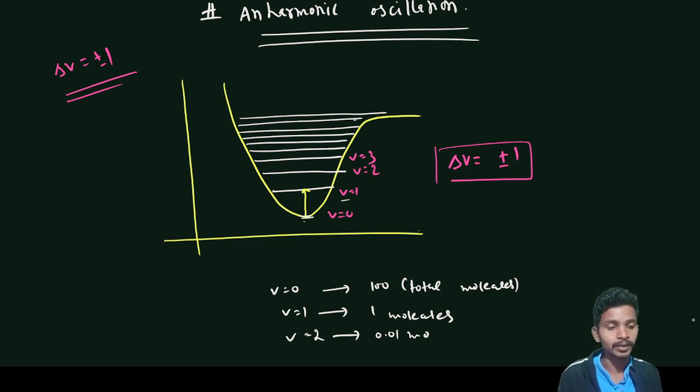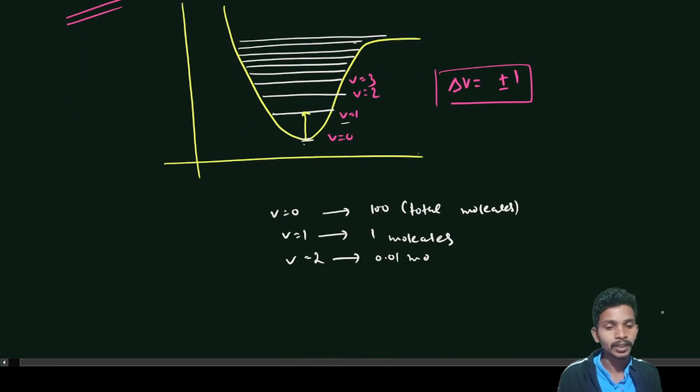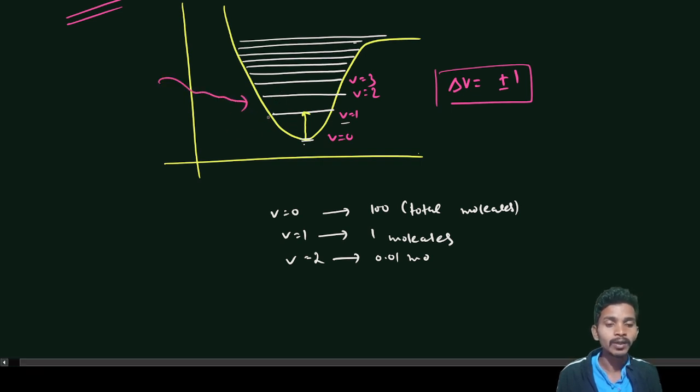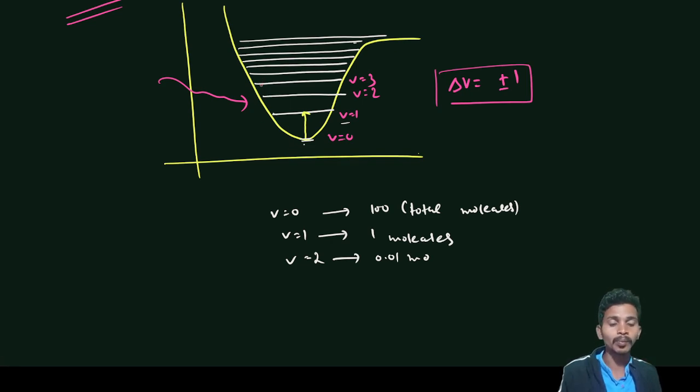So maximum transitions will happen from v0 to v1. Every transition is equally probable when you give electromagnetic radiation, but the transitions occur more where the population is there.